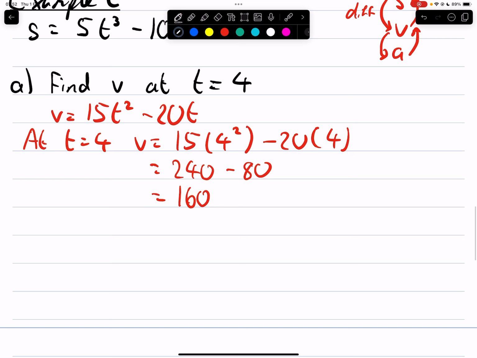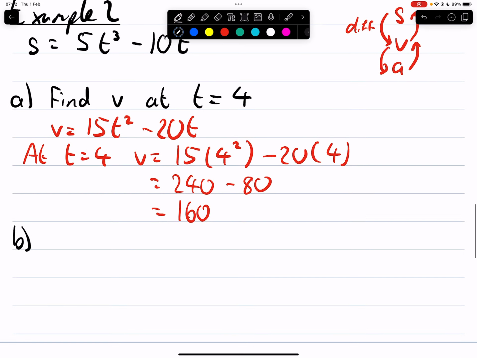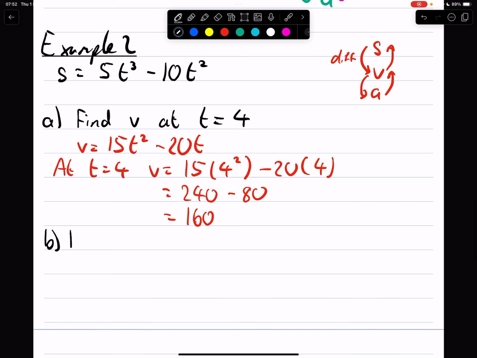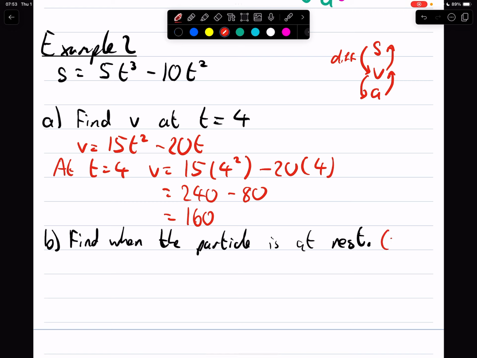They could say something along the lines of find when the particle is at rest. So that would mean when is V equals 0? Because when is the particle stopped?